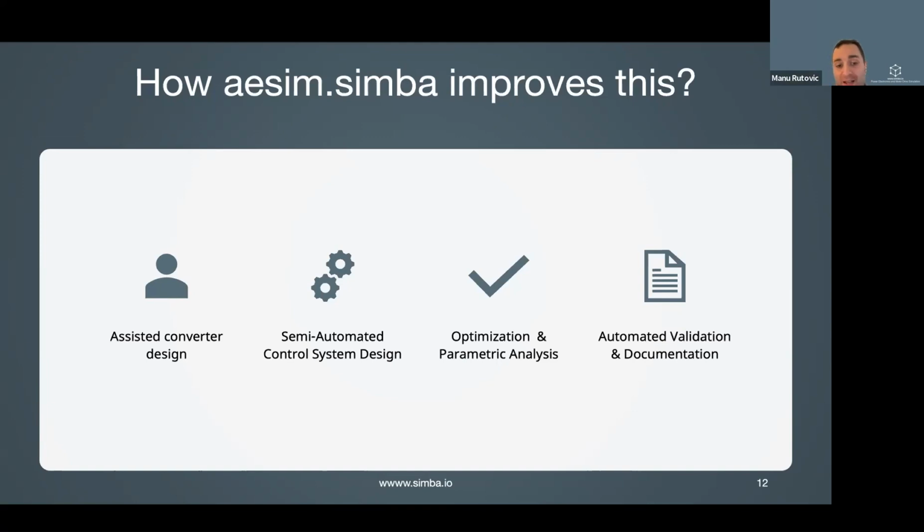The controller itself can also be designed semi-automatically, where you can use this Python library to run an AC sweep to extract the open loop transfer function, and you can use a Python control library to calculate what should be your PID controller values, for instance. You can use this Python library to make intensive parametric and optimization analysis, such as sensitivity analysis and Monte Carlo analysis, to make sure that the design that you have is robust.